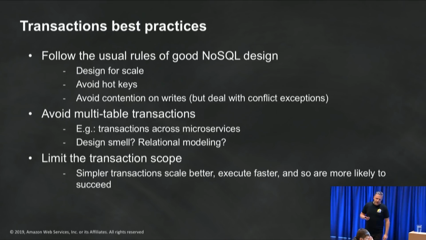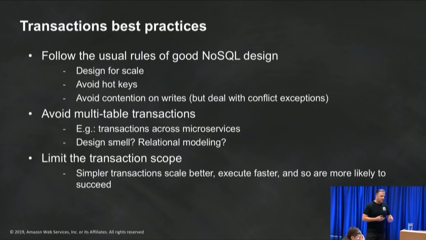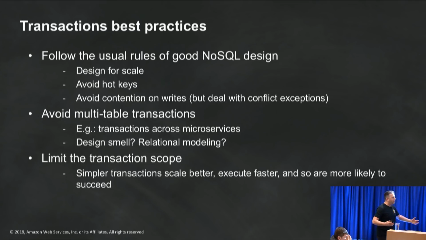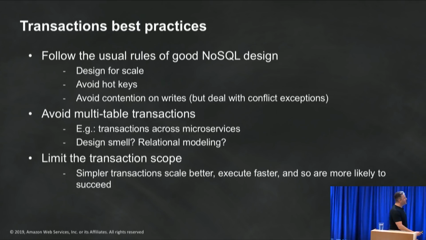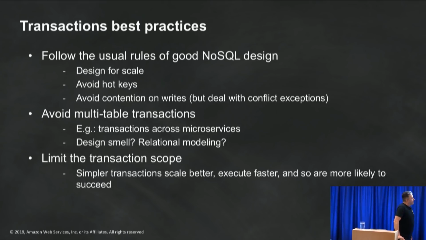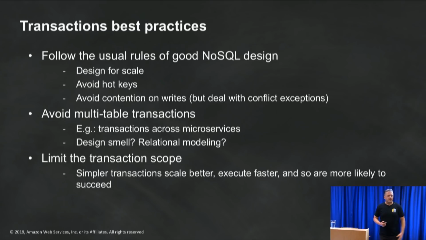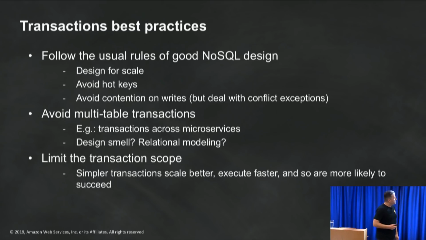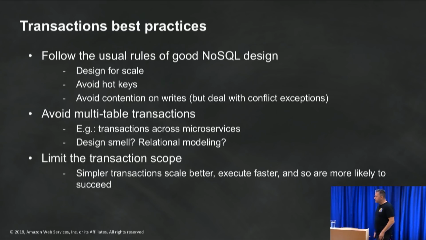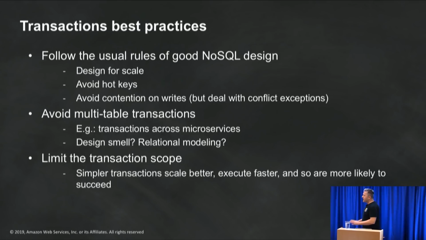Avoiding contention of writes is also one of the key tenets of scalable design for NoSQL databases. But that said, you have to deal with conflicts, with exceptions and those edge cases. Avoiding multi-table transactions: the support is there, and there are cases in which it might make sense.